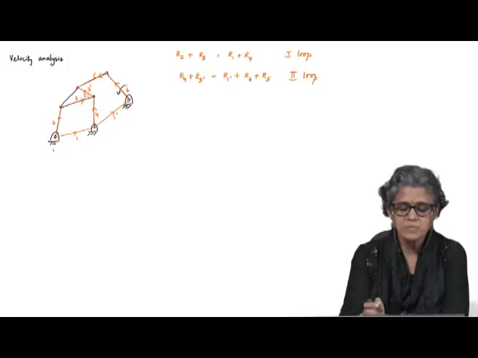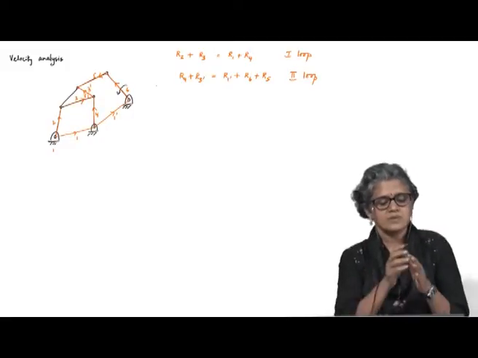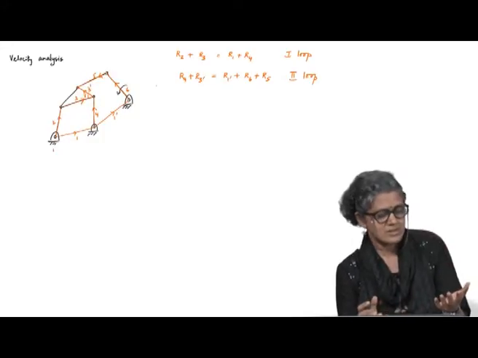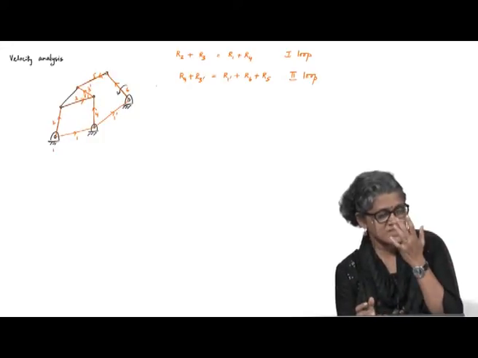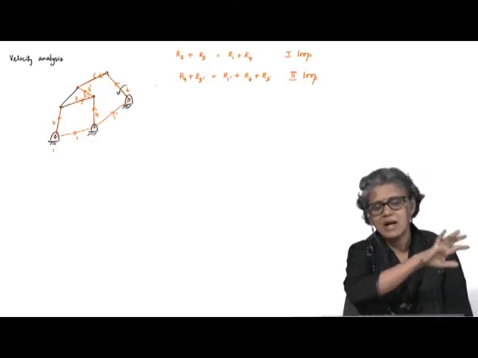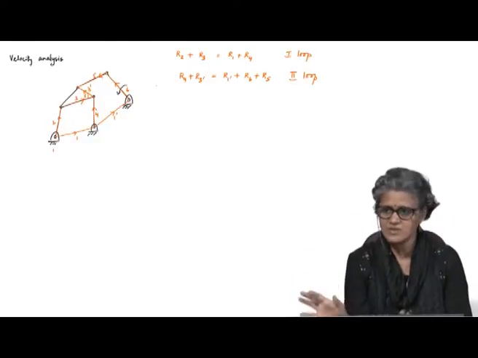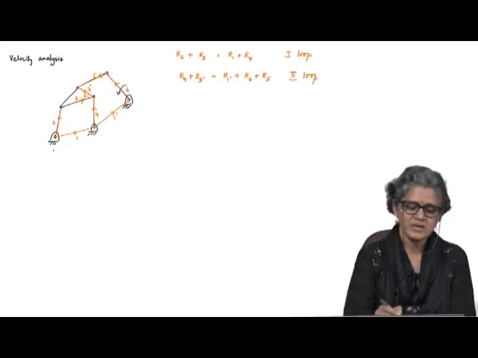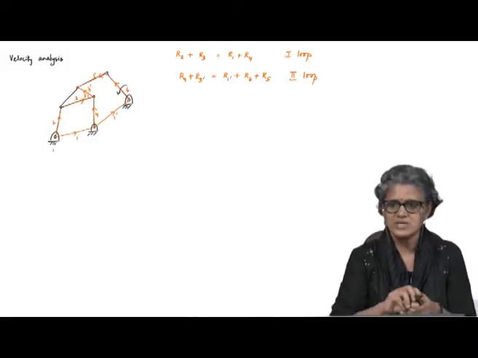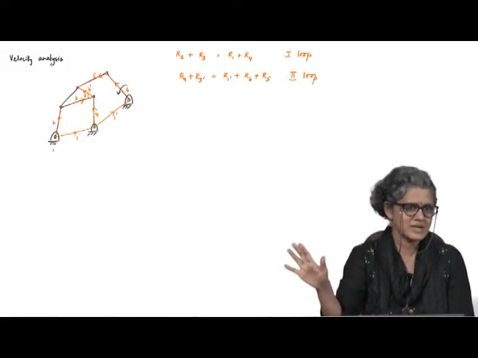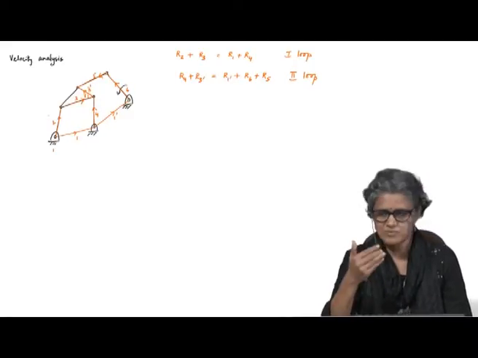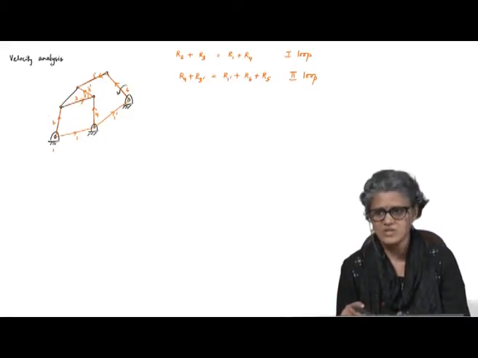So, typically what you would do is, you would use some other link as input and simulate it for a range of positions that you are interested in. So, for instance, if I give 2 as the input and I have the position data for the range that I am interested in, then I can just pick whatever position I want to do the velocity analysis.